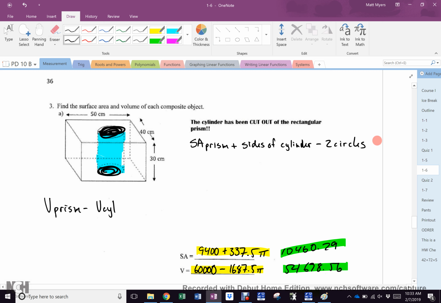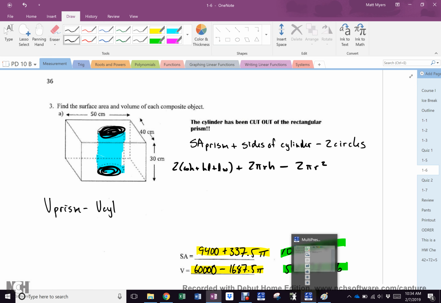If you write it out, it's really hard to do wrong because you have formulas for all these things. The surface area is 2WH plus HL plus LW plus the sides of the cylinder. If you look on your sheet, it actually says area of the sides, 2 pi RH, minus two circles, 2 pi R squared. I know it's blue.